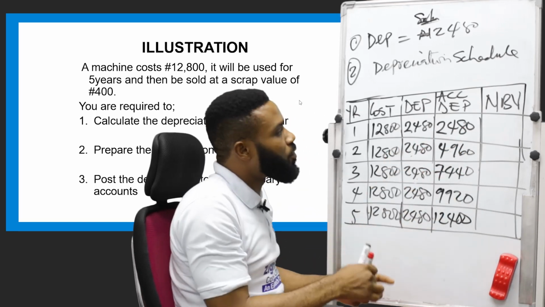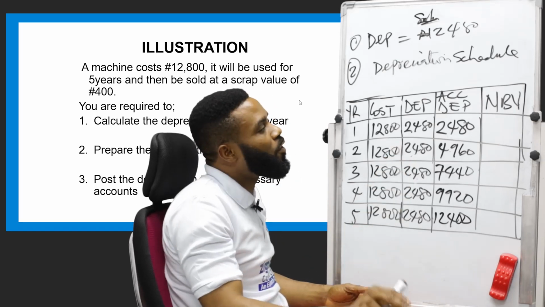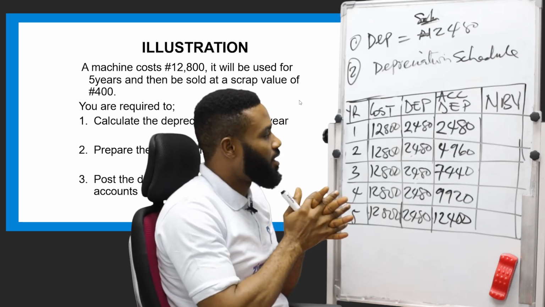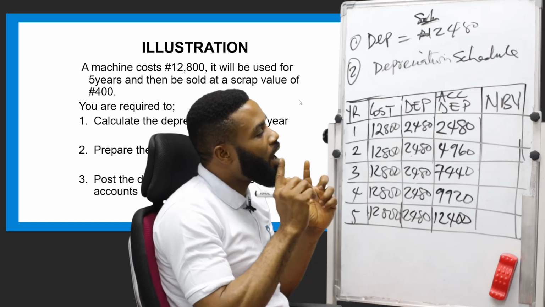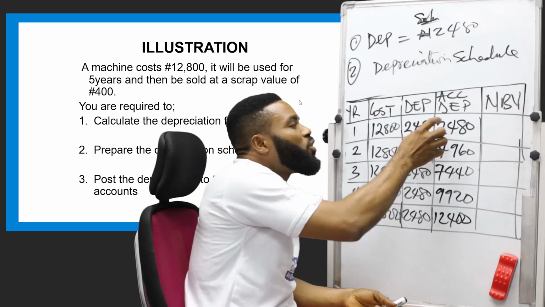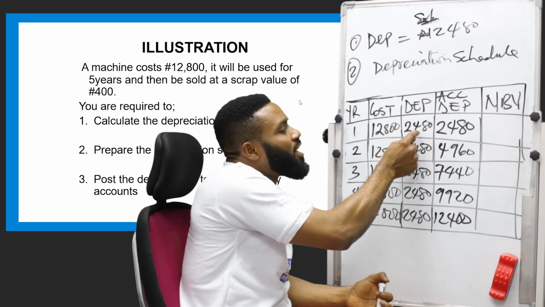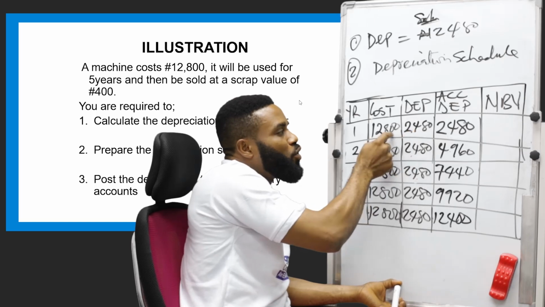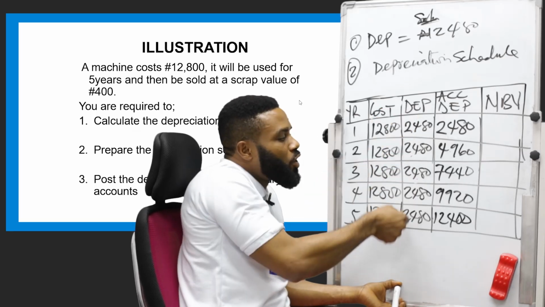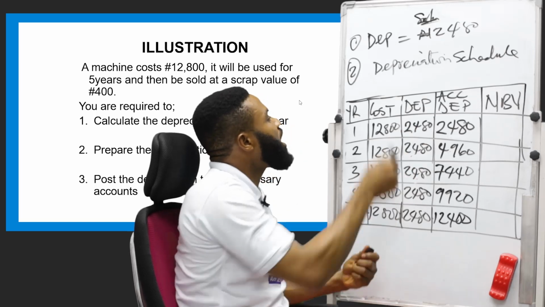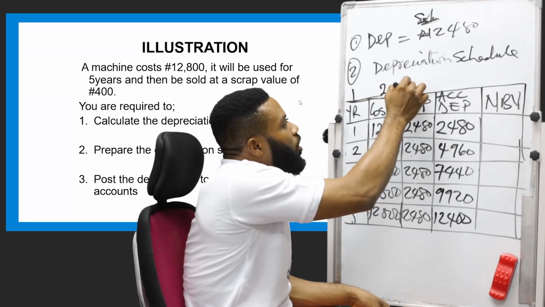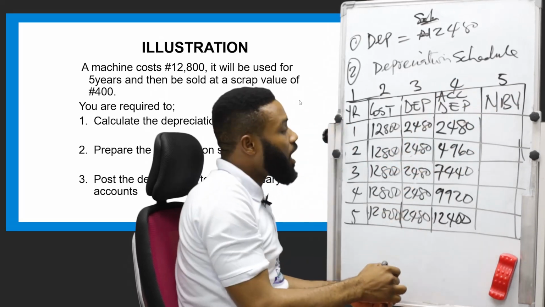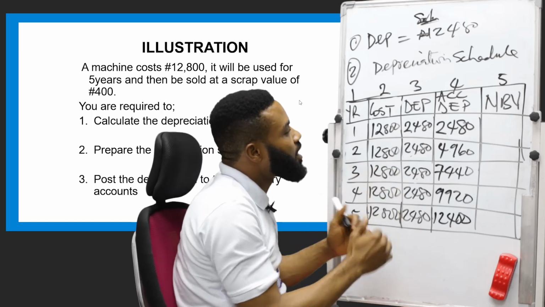The next one is net book value. The net book value is the value of the asset at the end of each year. Now, I want to point out something. Students should not subtract depreciation from the cost of the asset. You can see that the depreciation doesn't change here. So let's number the columns: column 1, column 2, column 3, column 4, and column 5, so that by the time we want to name them, we'll be able to understand.